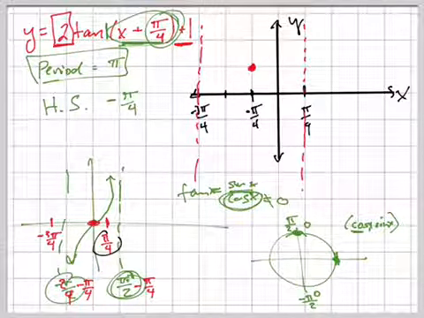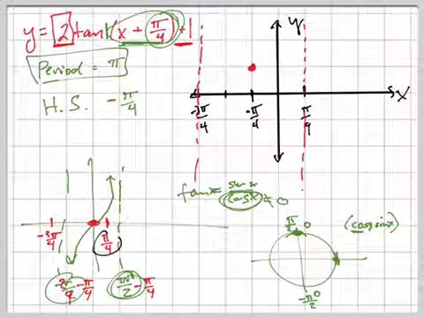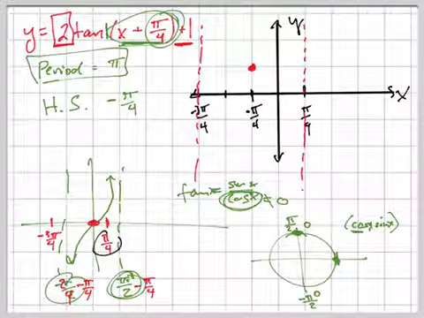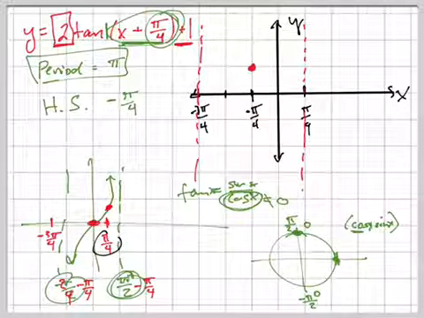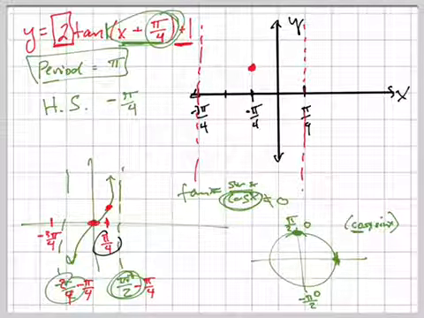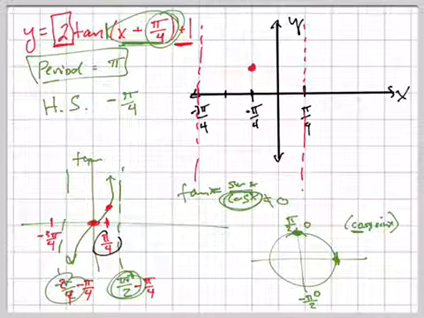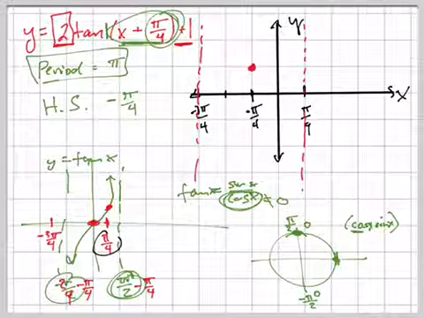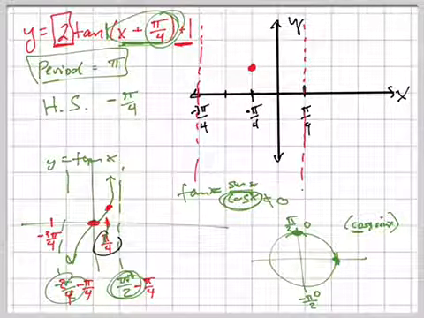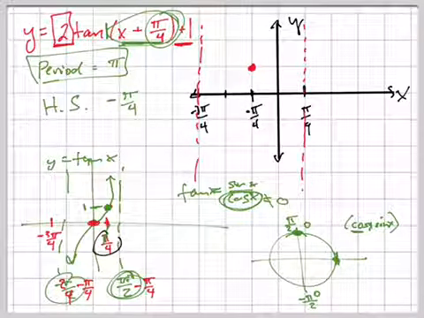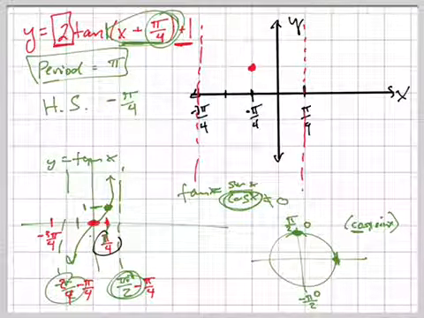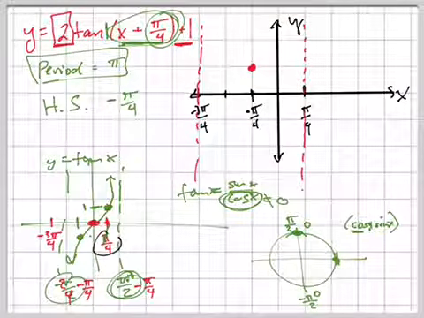Typically, if you look back at my original graph down here, you would go over and up 1, like your normal graph. Let's look at the green graph, the original graph, which is tangent of x. The graph of tangent of x at pi over 4 is going to be 1, and at negative pi over 4, the value is negative 1.